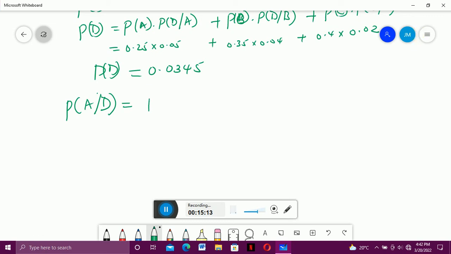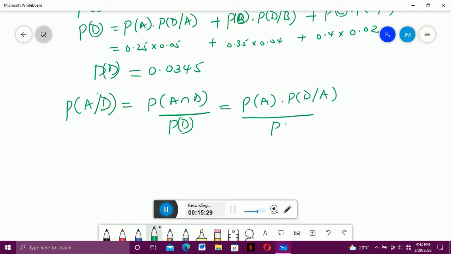This is P(A intersection D) over P(D), which is P(A) times P(D given A), all divided by P(D). The probability of getting a bolt from A is 0.25.